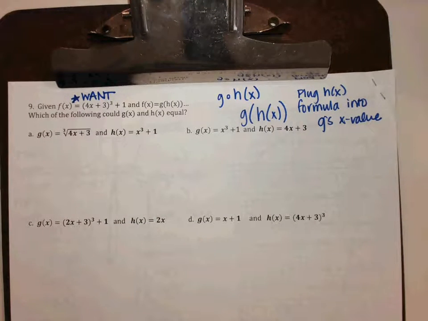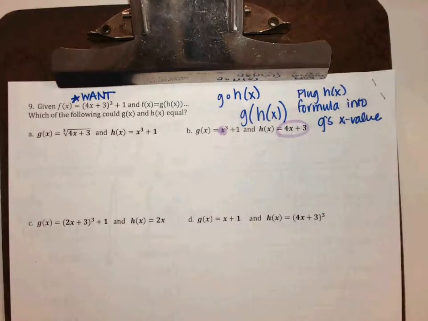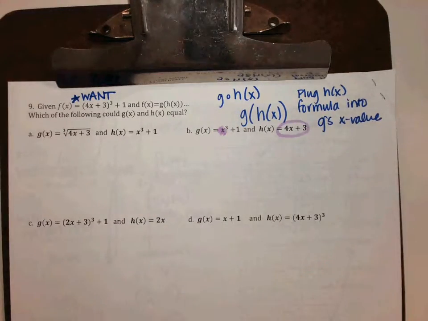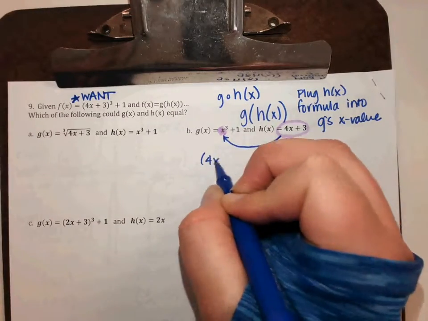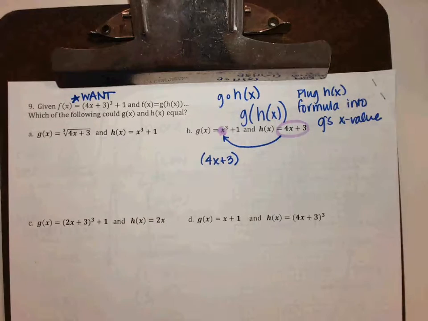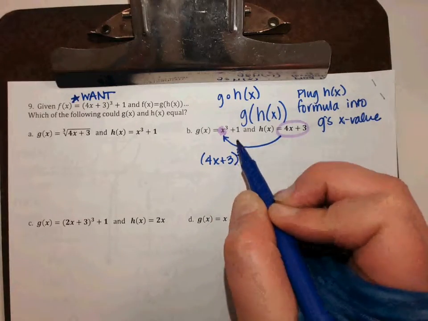I'm going to start with B. Look at B. If I circle H of X and I put it where X is, I'm going to replace my X with a 4X plus 3. Okay, now what was happening to the X? Because that's my X now. It was cubed. And then what was behind it?